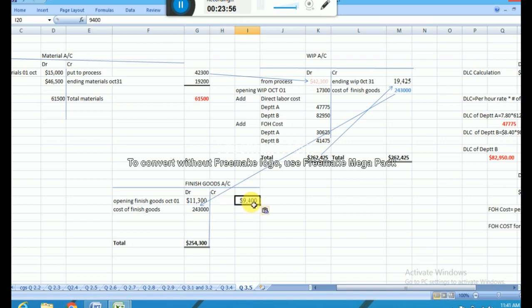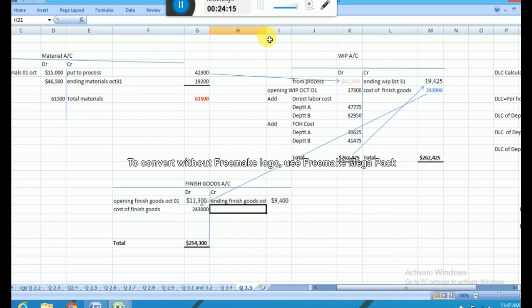So I will record it on the credit side, minus it. Ending finished goods means that on October 31st, the finished goods are $9,400. We need $2,54,300 on the credit side as well.